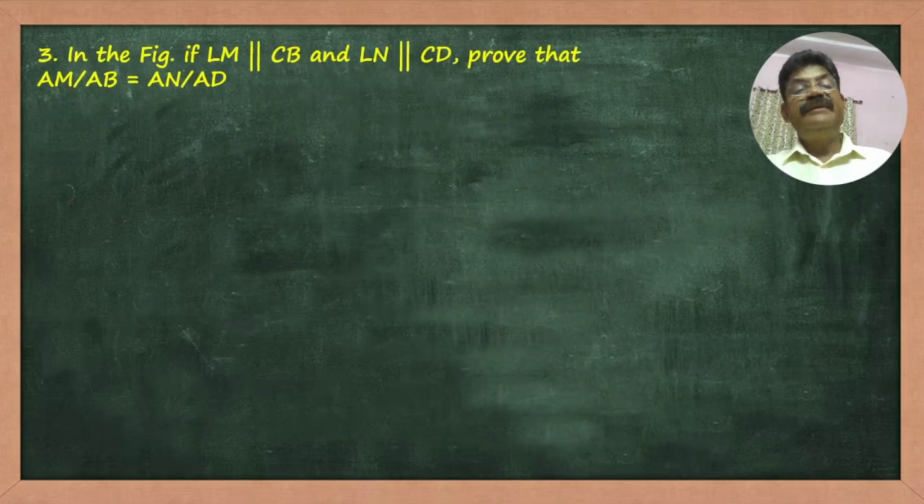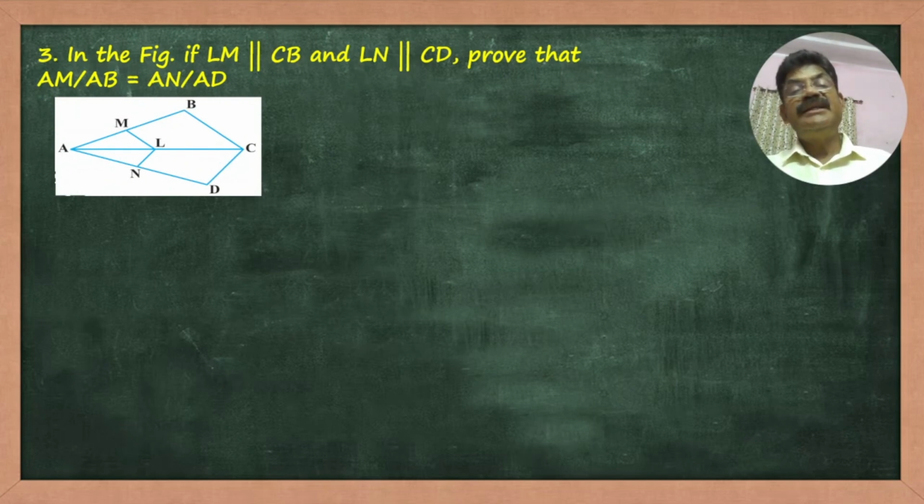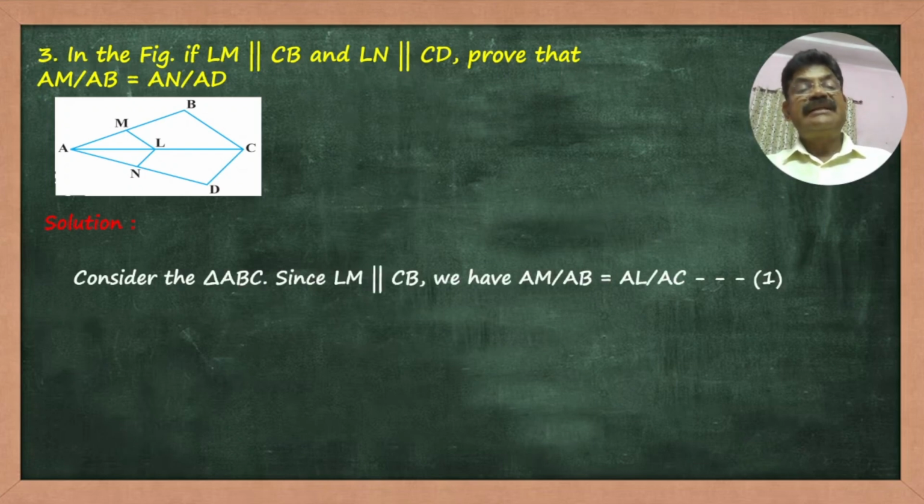Problem number 3. In the figure, if LM is parallel to CB and LN is parallel to CD, prove that AM divided by AB is equal to AN divided by AD. Solution. Consider the triangle ABC. We are given LM is parallel to CB. Therefore, applying theorem 6.1, AM divided by AB is equal to AL divided by AC.